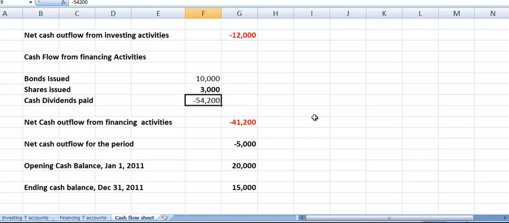Now the big question is, we also know, particularly if you're an ASPE company, that when you pay out cash dividends, it's a financing activity. That's an option under IFRS, but since our question didn't tell us what they chose, and what kind of company we had here, whether it was following private or public standards, we just assumed here that it was following ASPE and it was a financing activity.